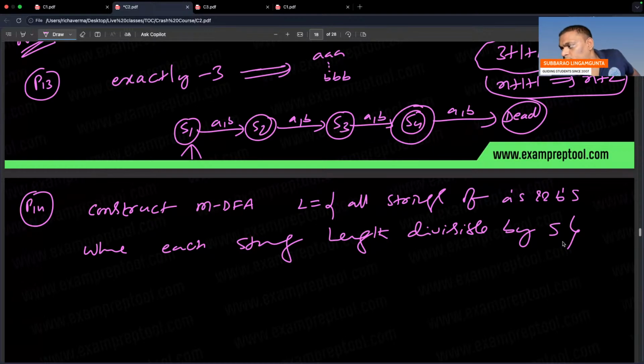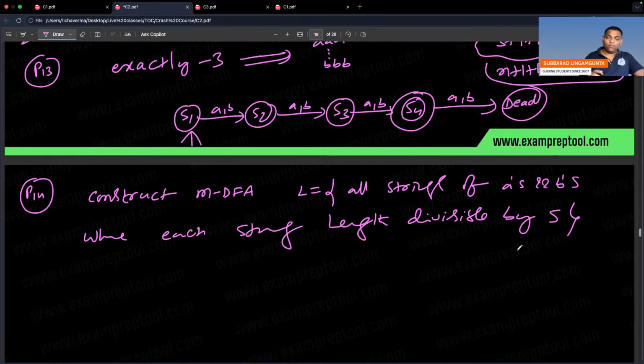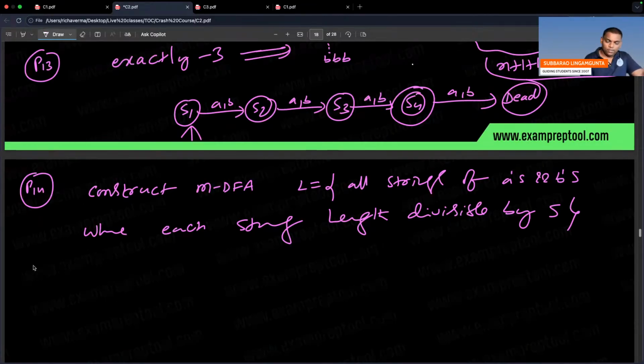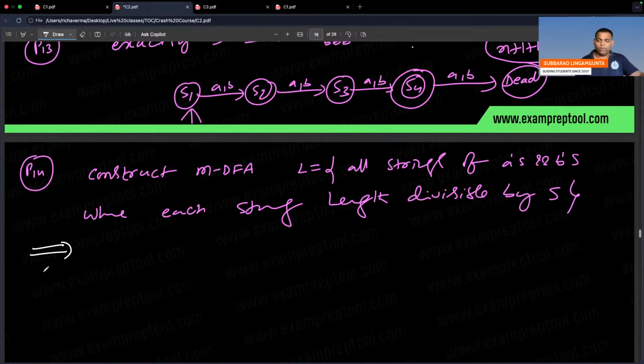So what is the answer for this? First, what you do is understand one by one. Each string length is divisible by 5. I think 0 length, 0 is divisible by 5. Yes. 5 length also, 10 length also, 15 length also, 20 length also. I think multiples of 5.